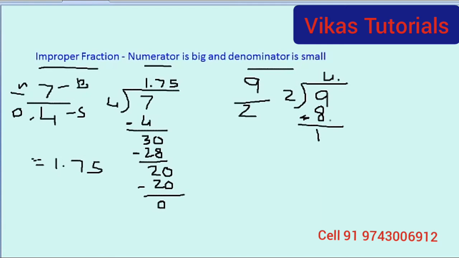Put a dot here, take a 0 here. Then 2 fives are 10. 10 minus 10 is 0. So the answer is 4.5. Those of you who are unable to understand how I am dividing by the long division method can see my video on division of numbers and you will be clear on all the concepts.